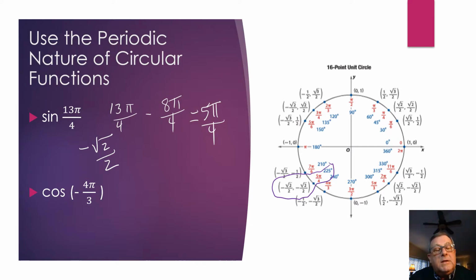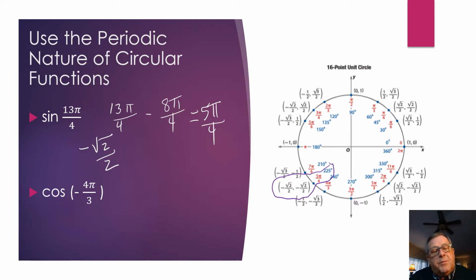All right, let's see. Now I've got a cosine, and I have a negative angle. I'm going clockwise this time, and we're going to end up at negative 4 pi over 3. The negatives, I'll confess, are always a little bit trickier for me. I have to think about those a little harder than the positive.